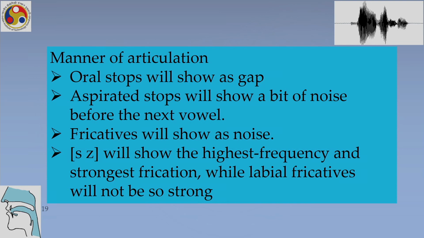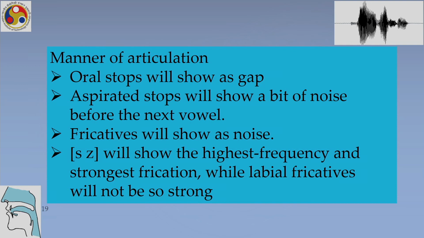So, if there is a stop, there will be a period of silence. Aspirated stops will show a bit of noise before the next vowel. Fricatives will show noise, and also the highest frequency and strongest frication noise, while labial fricatives will not be so strong. So, these are the things that you have to remember.